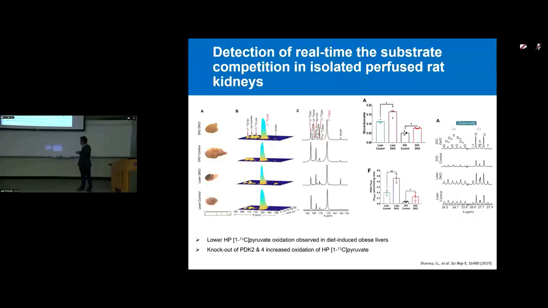What we saw is obviously when you have an obese liver, or a liver from an obese mouse, pyruvate oxidation or glucose oxidation is decreased. But when you knock out these two PDK isoforms, you will restore to some extent the pyruvate oxidation.